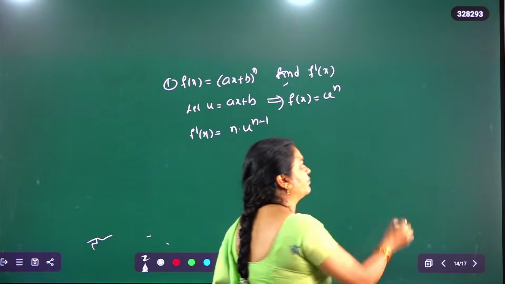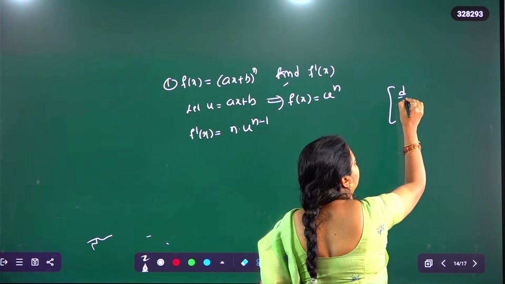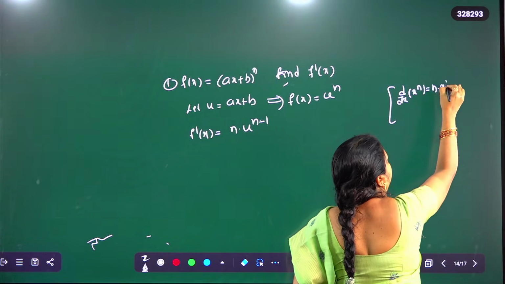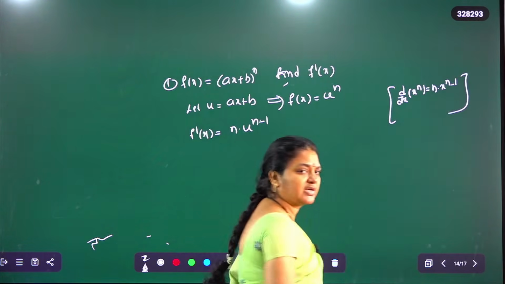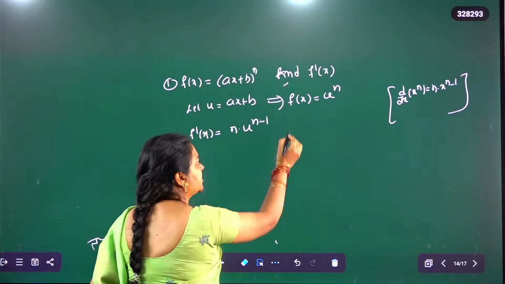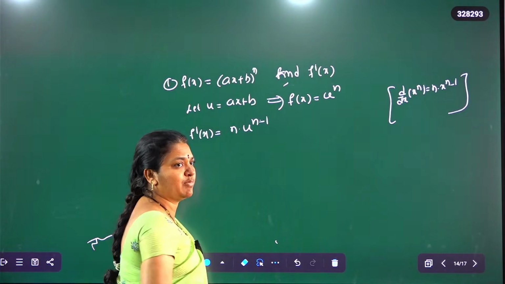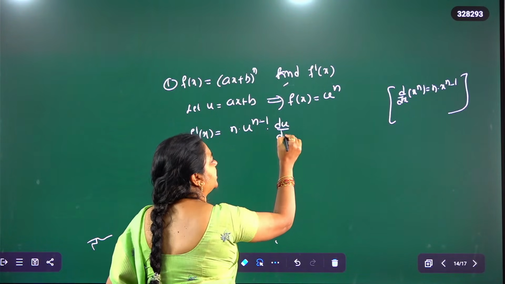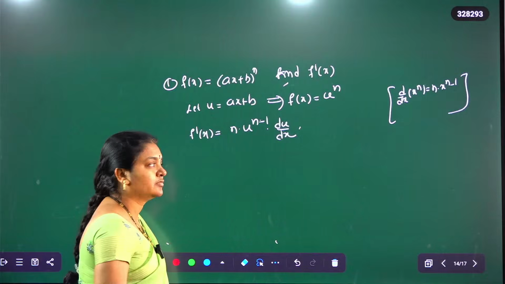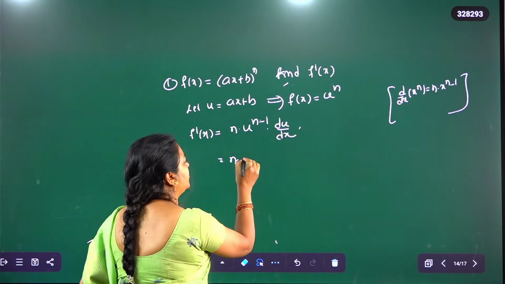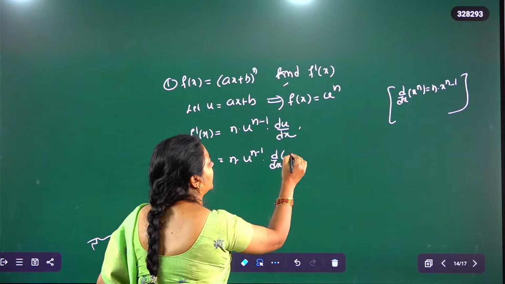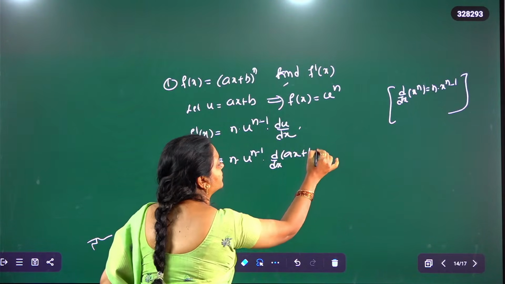We learned the property d by dx of x power n is equal to n into x power n minus 1. So by using the same principle, n into u power n minus 1, and again since u is there, we will do du by dx. That means n into u power n minus 1 into d by dx of ax plus b.